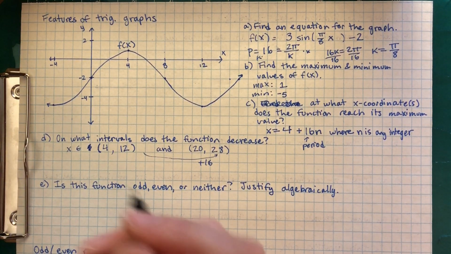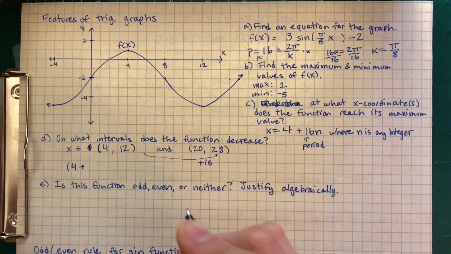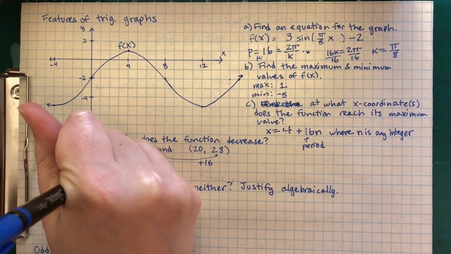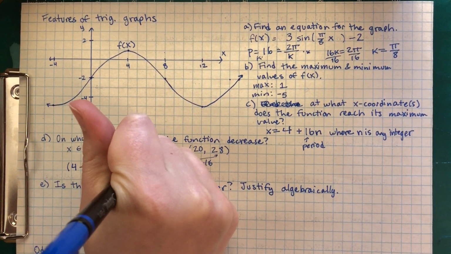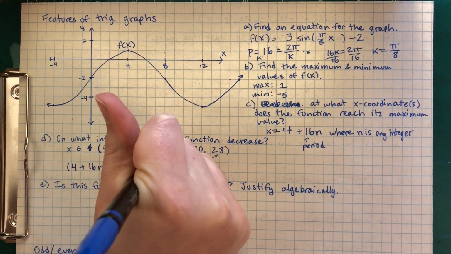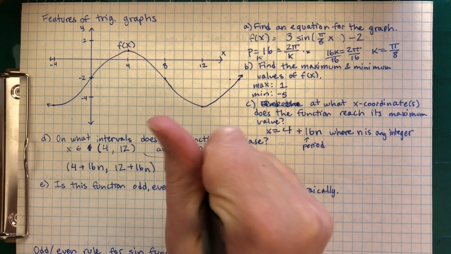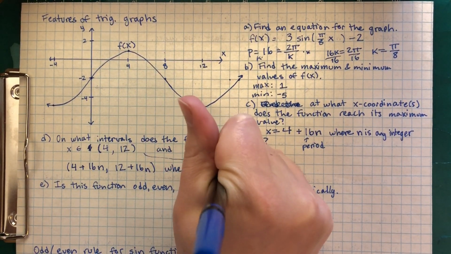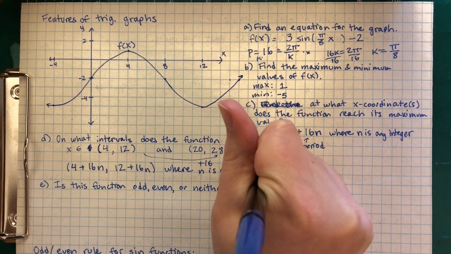So another way we could write this would be 4 plus 16n to 12 plus 16n, where n is any integer.